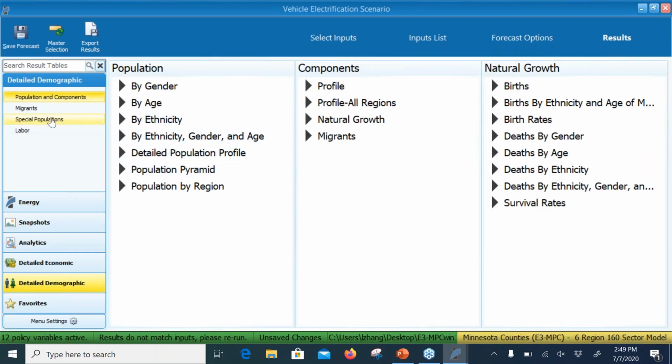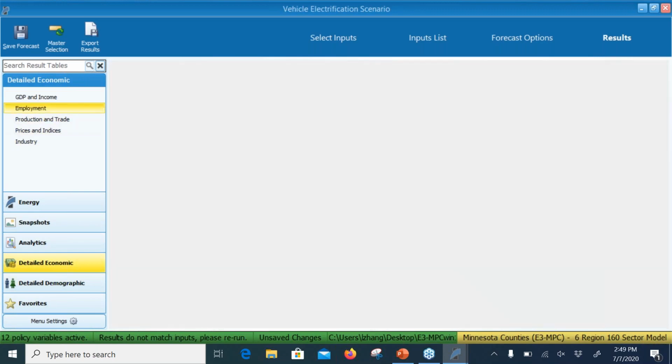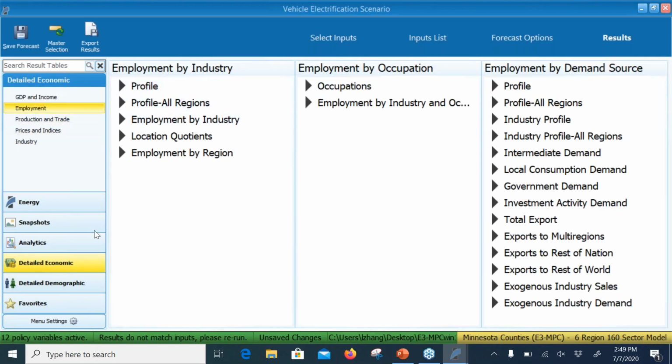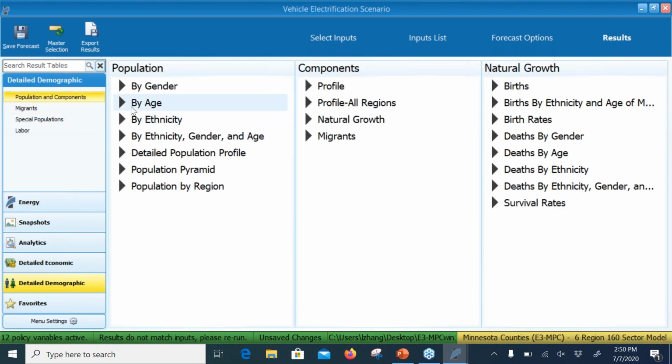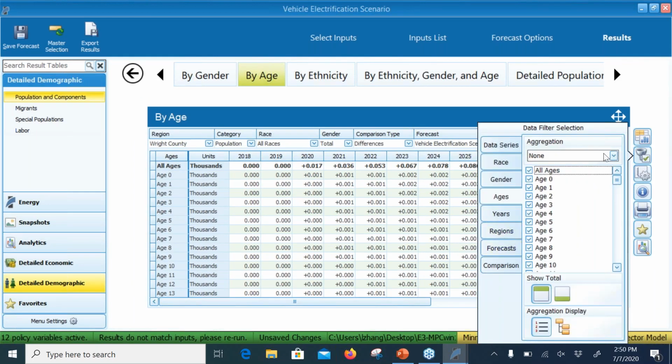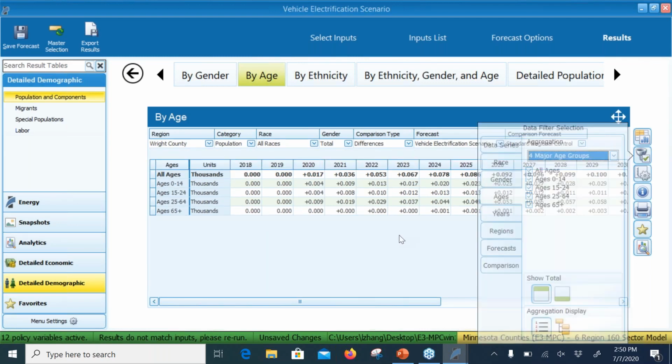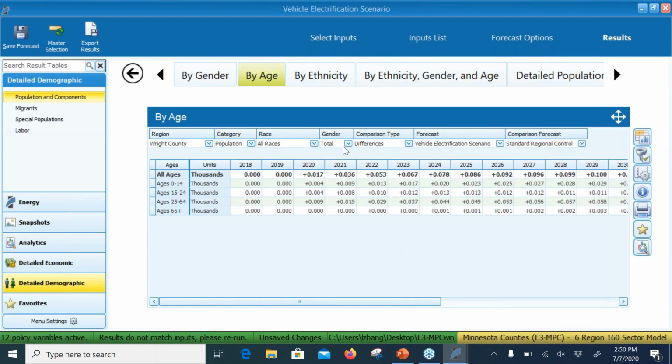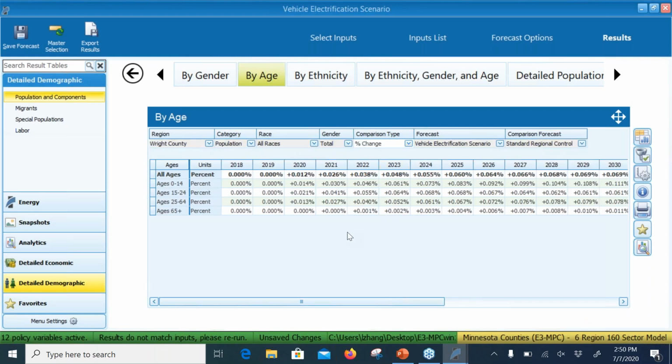If we look at, say, population, another thing we can do is look at breakdowns of what types of populations change the most.